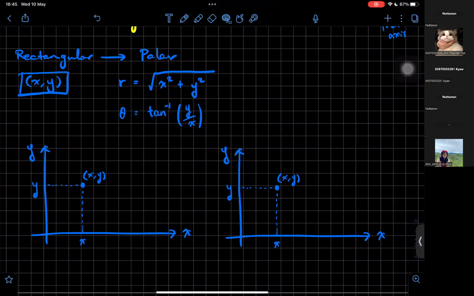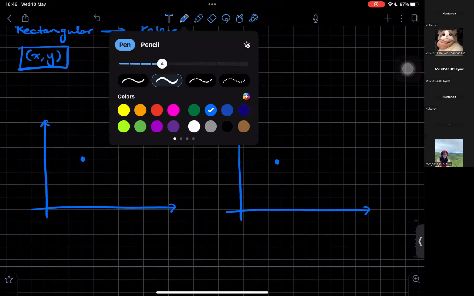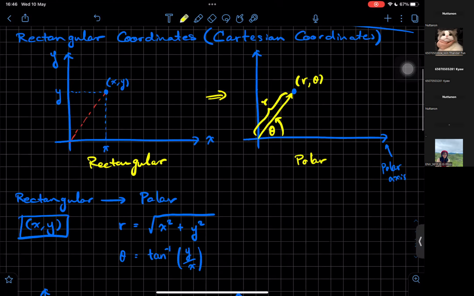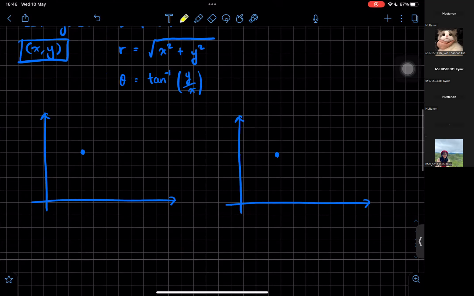Okay, and by using what I already told you, right? Then you can see that this is one way of giving you this point in polar, right? r and theta like this, but I can use the same r here.